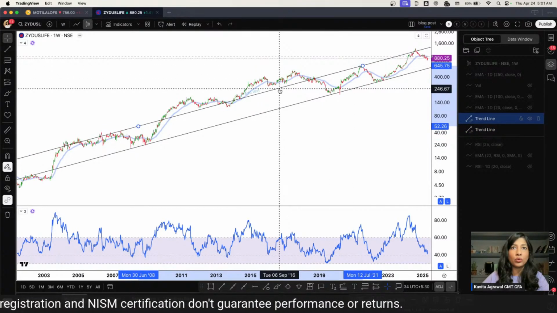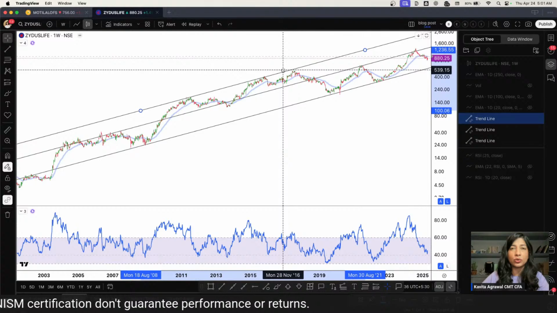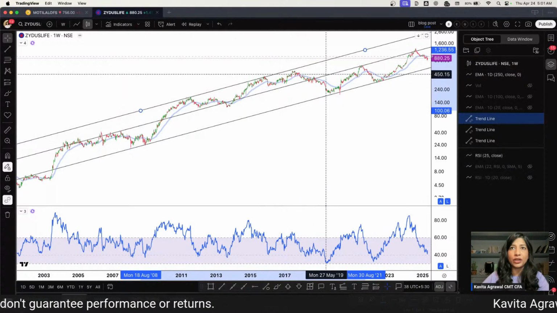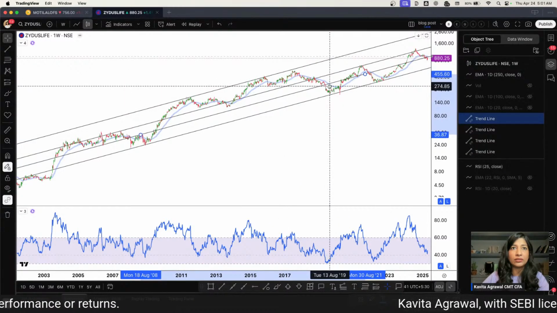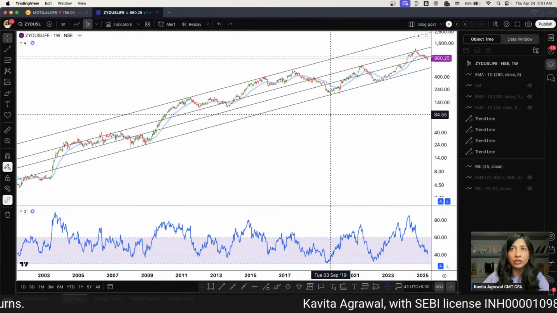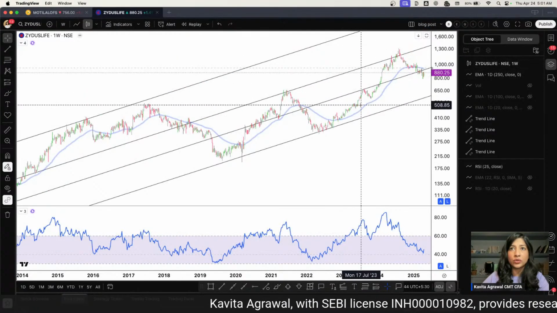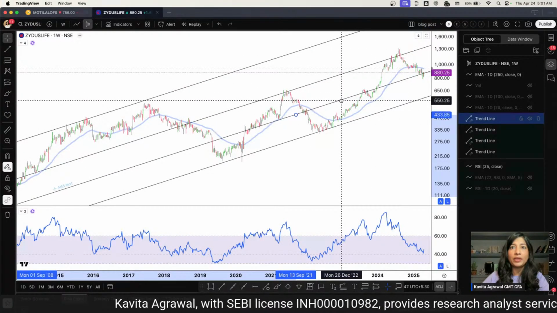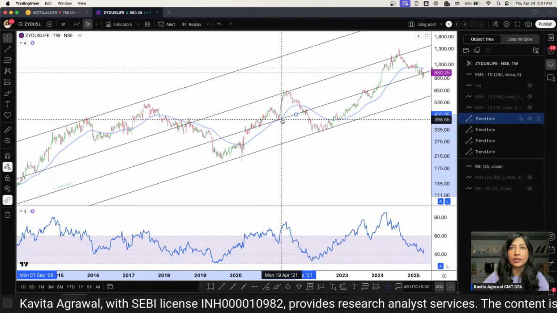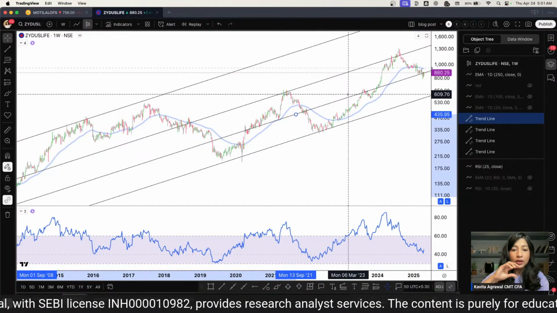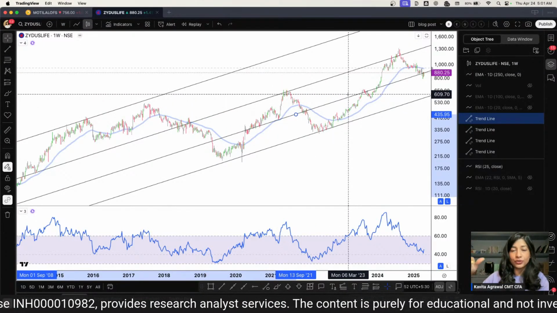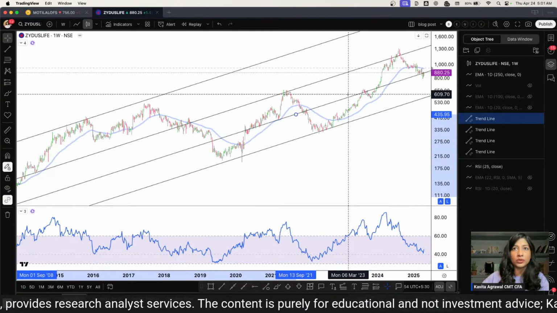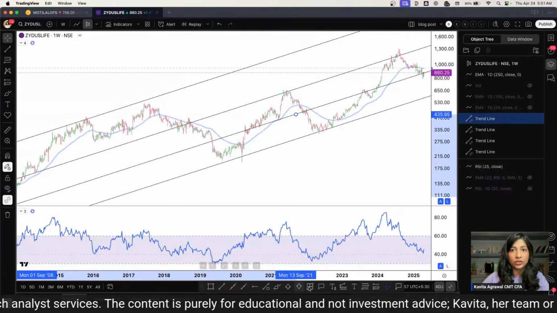And then I'm going to clone the same trend line using the control key and try to identify the internal trajectory of the stock. This will help me assess in the past where is the zone over which the stock has been taking repeated supports or resistance within this trajectory, right?